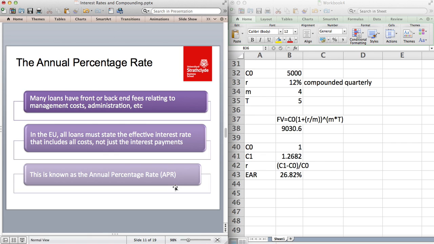The annual percentage rate has been defined by the European Union. I cover it in section 4.3 and go into it in a lot more detail, but that will be different from the annual percentage rate that you would read about in a US book. So be careful about that. It's a little caveat.